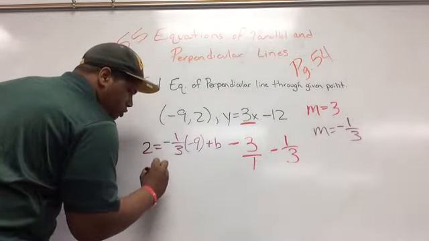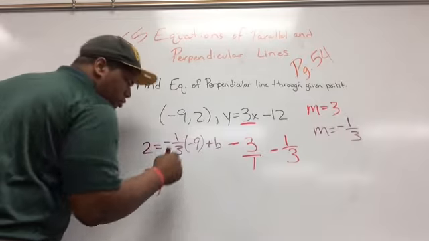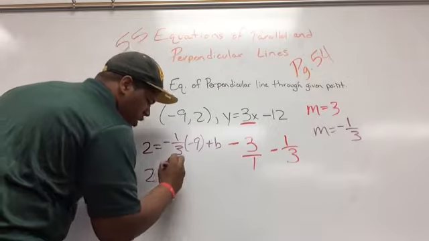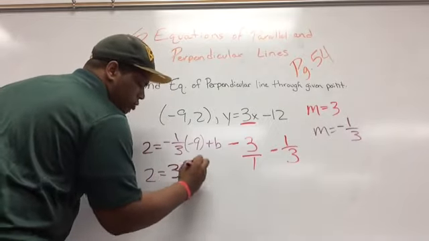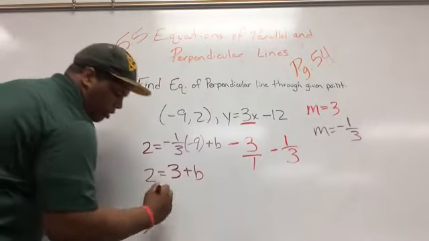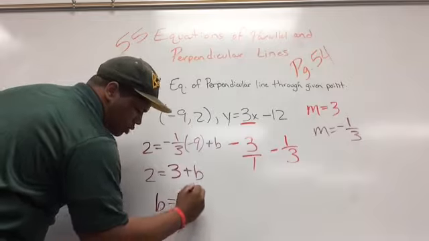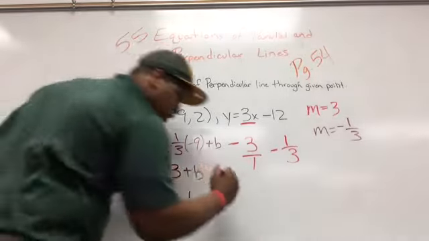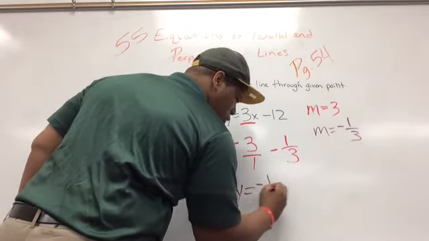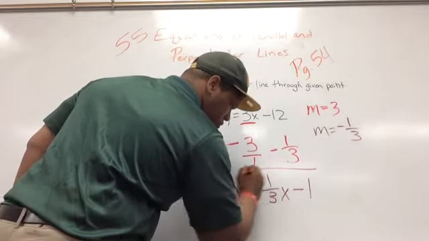So now I have 2 = -1/3 times -9, which is going to give me 3 + b. So now I'm trying to get b by itself. I'm going to move this 3 over to the other side, and I know my b is equal to -1. So the equation of my line is y = -1/3 x - 1.